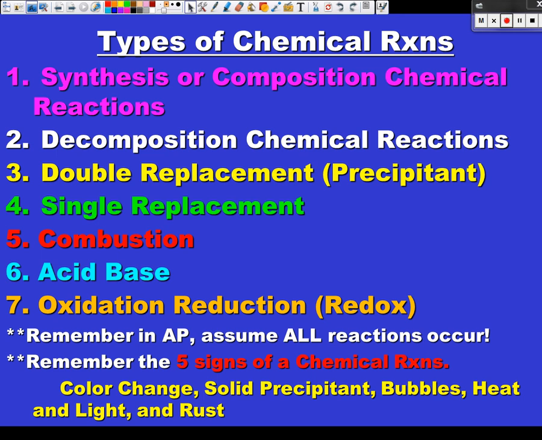To have a combustion reaction, do you have to have a hydrocarbon? No, because ammonia, NH3, can actually combust. Is there carbon anywhere in ammonia? So there are certain things that we're going to talk about that can actually combust. What's the major thing that you have to have? You have to have oxygen.